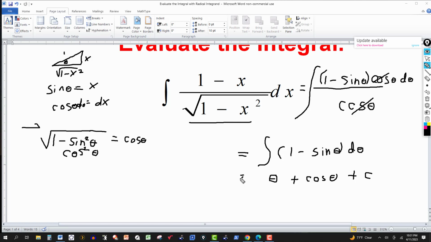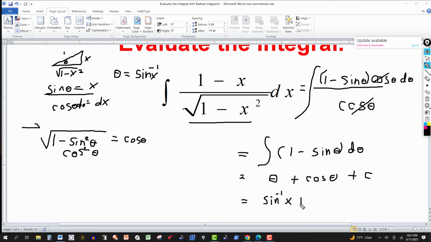The only thing we need to do, of course, when you do a substitution, is go back to the original variable. So let's go back over here. We know from this right here, sine theta is equal to x. So taking sine inverse of both sides, I get theta should equal sine inverse of x. Or I could call that arcsine. So here it's sine inverse of x.